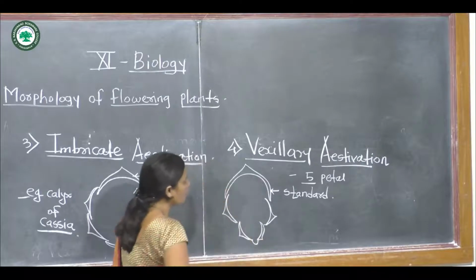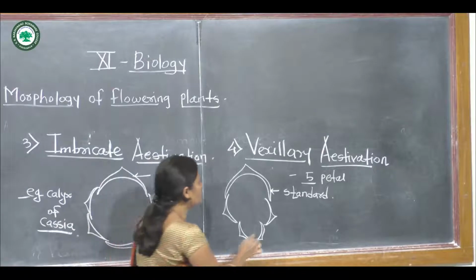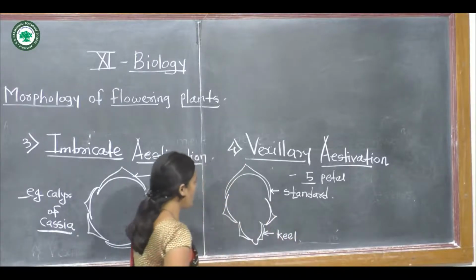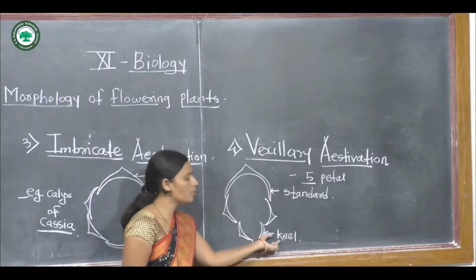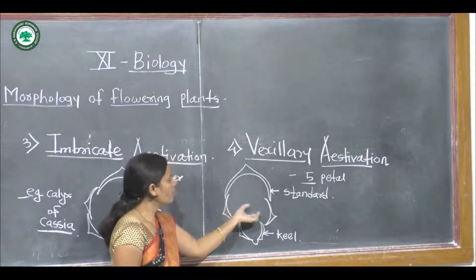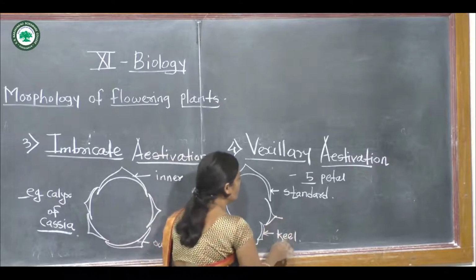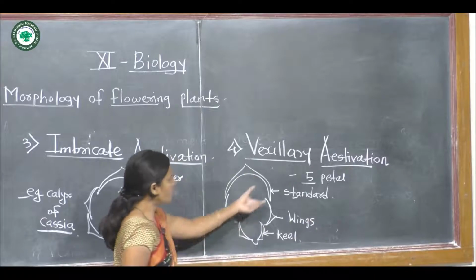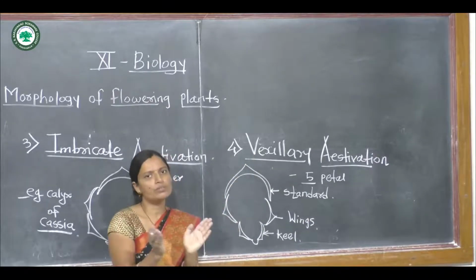This structure is called the keel, and it looks like a boat shape. The lateral petals are below the standard position, and these two are called the wings. The structure of the vexillary aestivation looks like a butterfly.